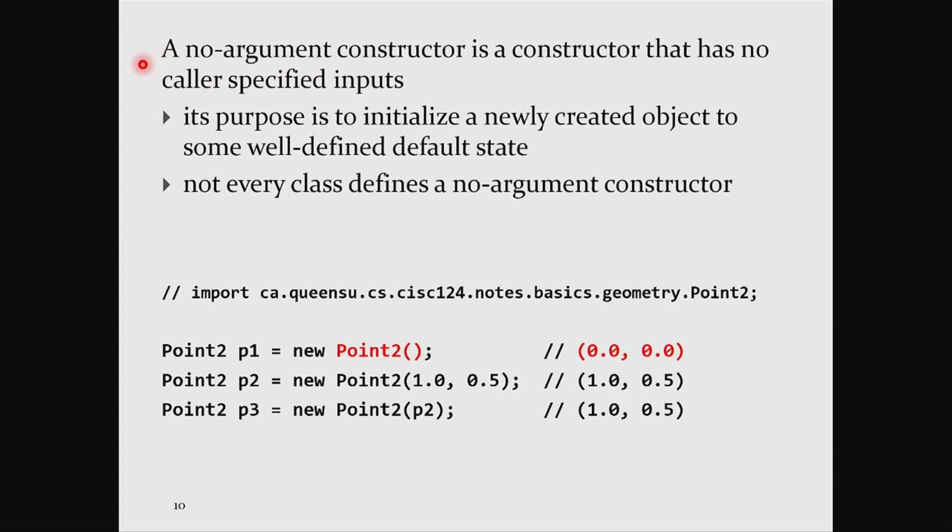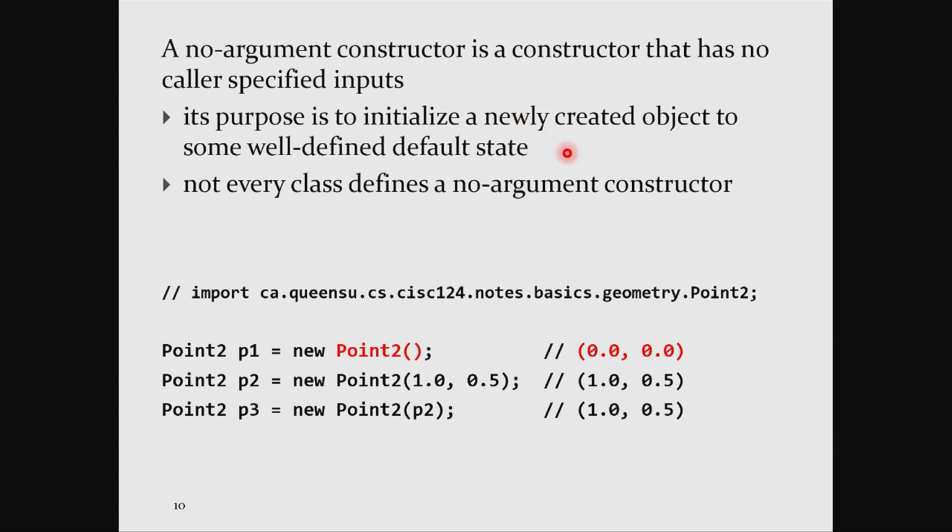It describes exactly what it is: the constructor that you call with no arguments. So when you write new point2 with nothing inside the round brackets, you're calling the no argument constructor. It's sometimes called the default constructor, but its correct name is the no argument constructor.